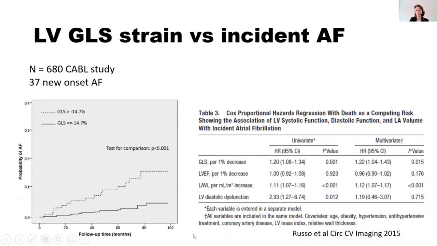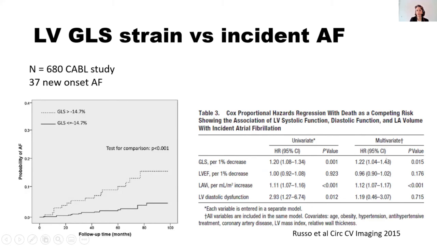And in the case of early disease and estimation of the risk of patients of having incident atrial fibrillation, you can see in this study, including 680 patients without prior atrial fibrillation and without other cardiovascular risk factors, that those patients who have a global longitudinal strain more positive than around -15, let's say impaired, have a much higher risk of atrial fibrillation.